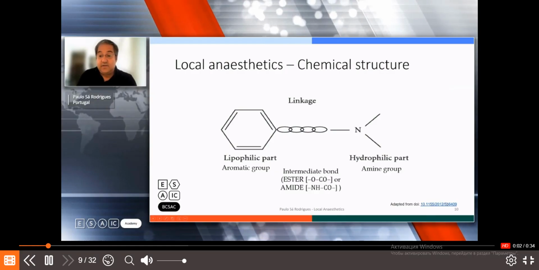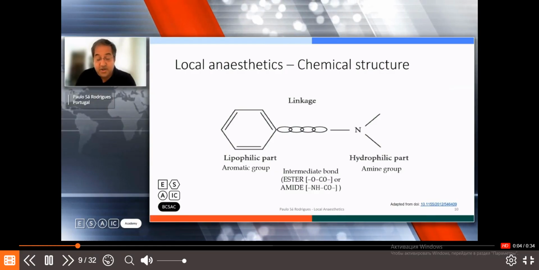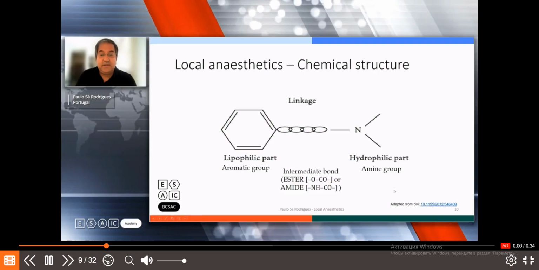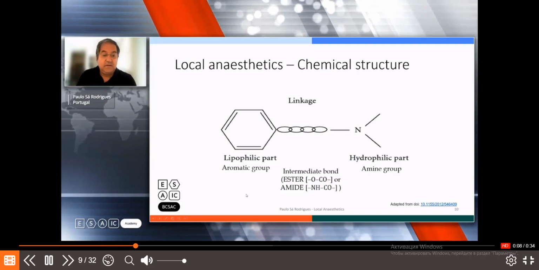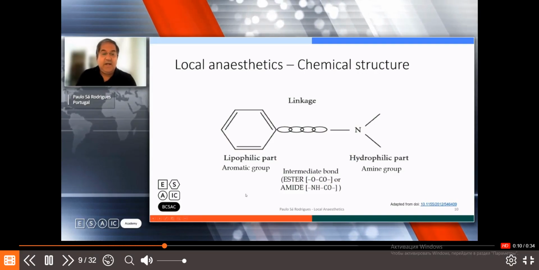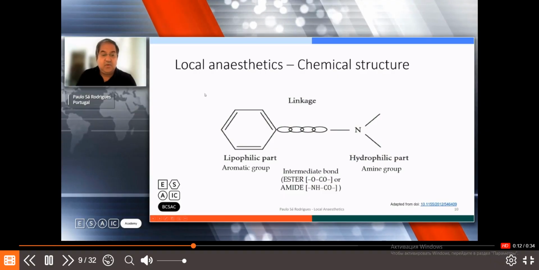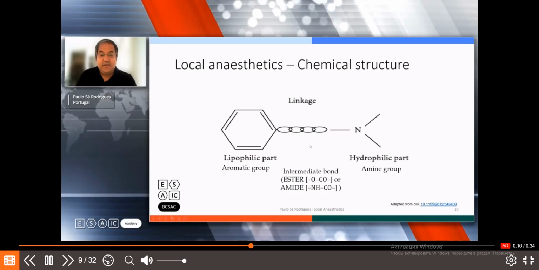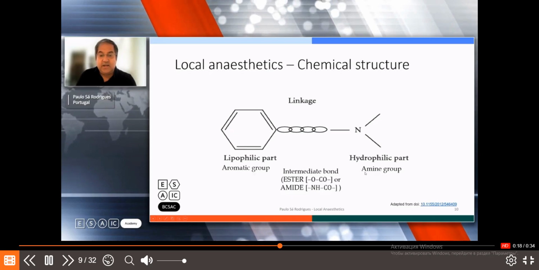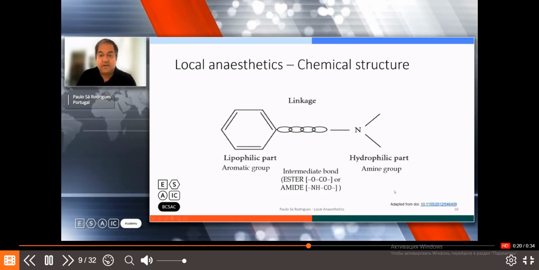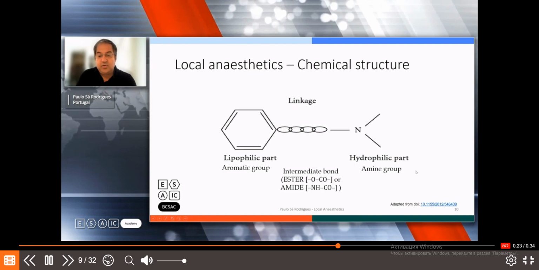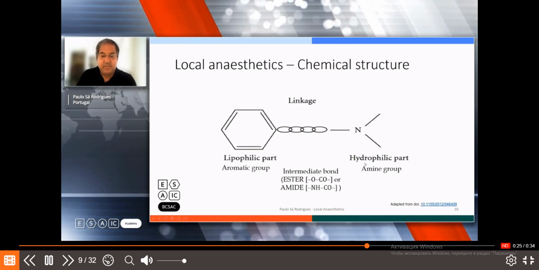Local anesthetics share a typical structure. They are molecules with three main groups: a lipophilic part, then an intermediate bond, a linkage between this lipophilic part and an amine group, usually, which is the hydrophilic part.